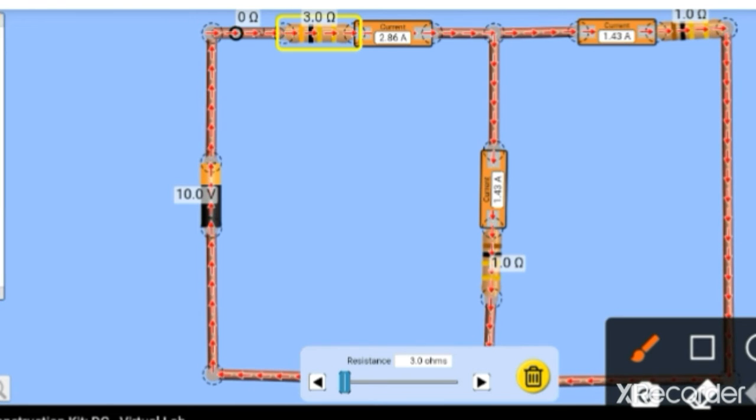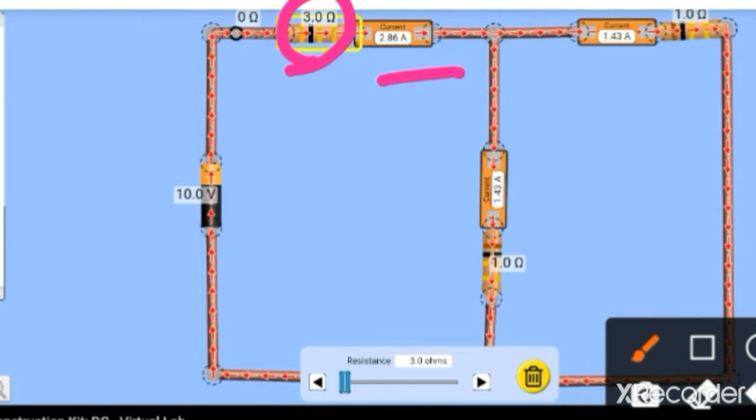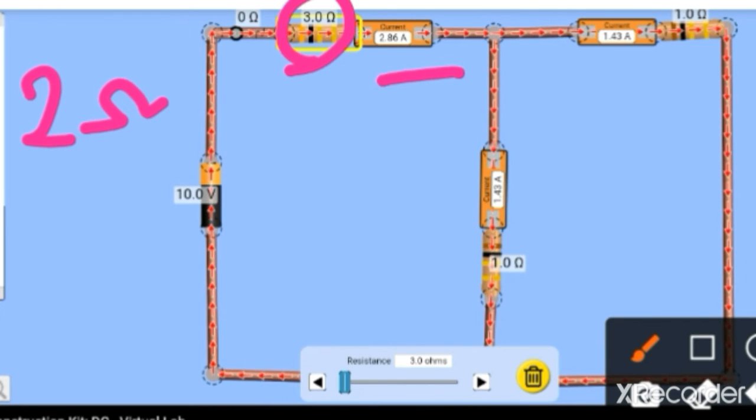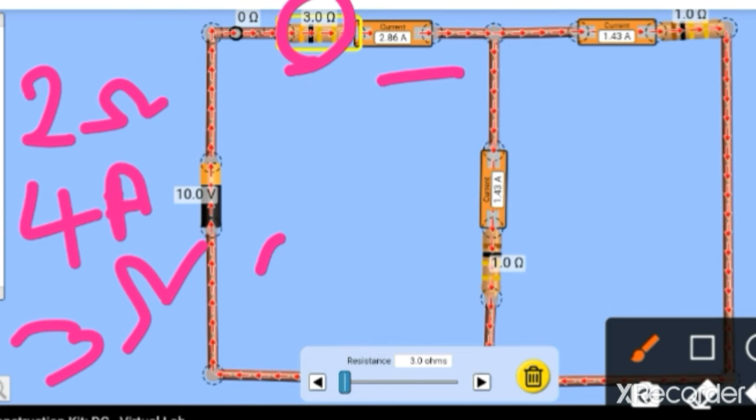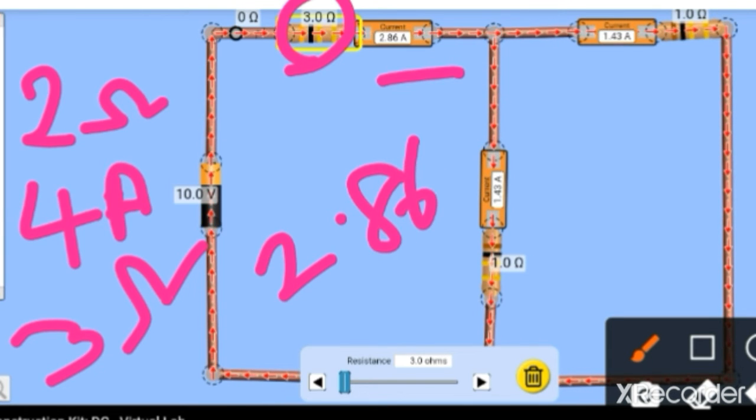So after increasing the resistance value to 3 ohms, the current value will be 2.86 amps. That is, initially, for the 2 ohms value, the current will be 4 amps. I am increasing the resistance value as 3 ohms. The current value will be 2.86 amps. So the current value will be reduced.